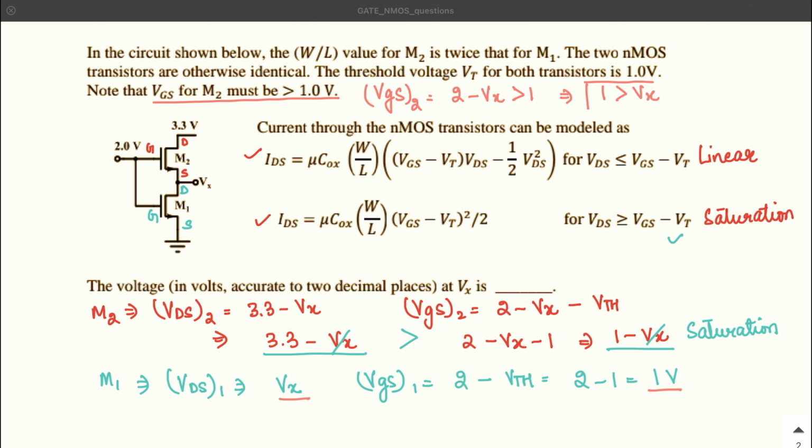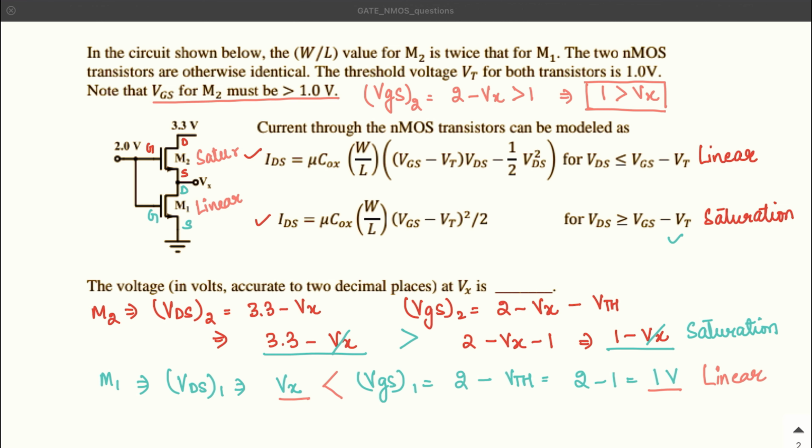So yes, you get an analysis for the value of Vx. So Vx will never go beyond 1. It is always less than 1. So when you know that this Vx is always less than 1, hence you can interpret that the first transistor is in linear. So we come up to a decision that M1 is in linear mode and M2 is in saturation.